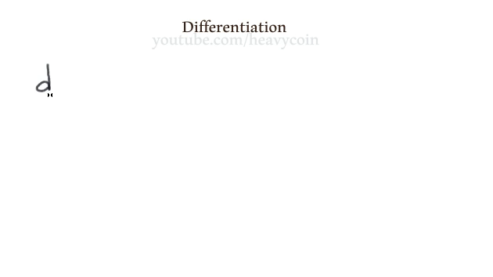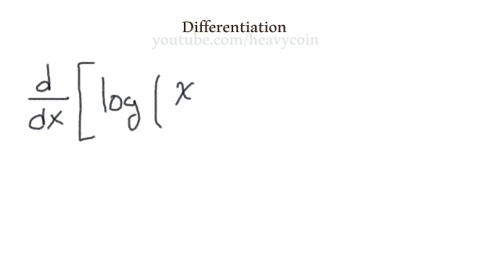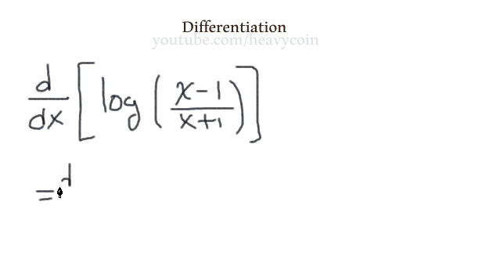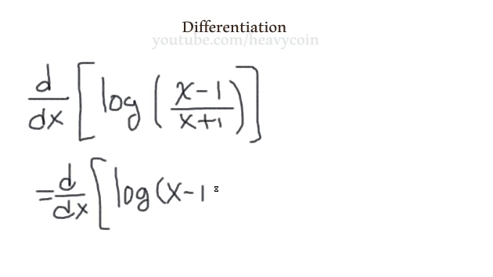Let's see, we have d over dx, and this time we're going to have the log of x minus 1 over x plus 1. So guess what? We're going to have to expand this first. In other words, I'm going to write this as log of x minus 1 minus log of x plus 1, because it's divided by.